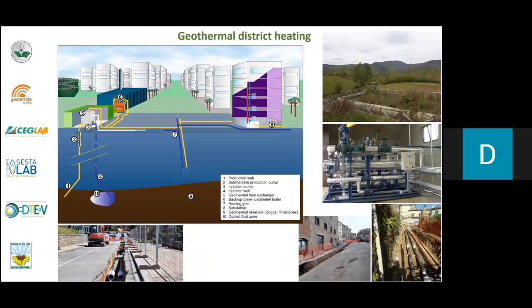I don't know if you already know how geothermal district heating systems work. We have a production well where you can extract the geothermal fluids, and then a thermal exchanger gives the heat to a network, which is underground and delivers the heat to the buildings of a town, a city, or a quarter.